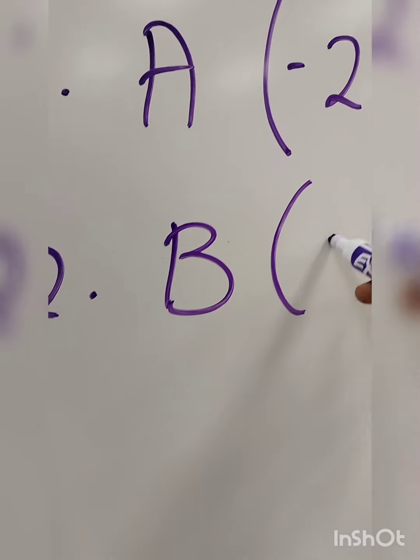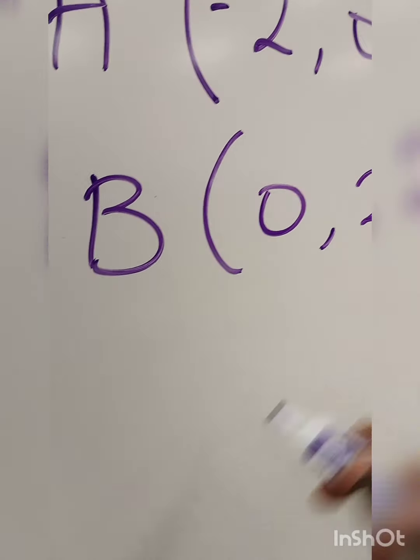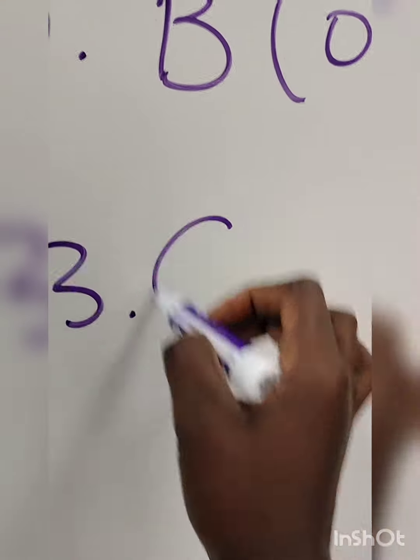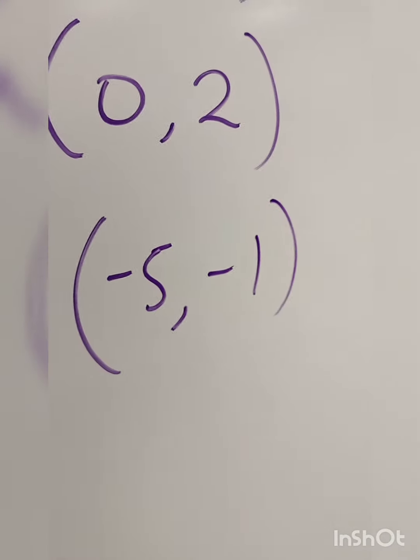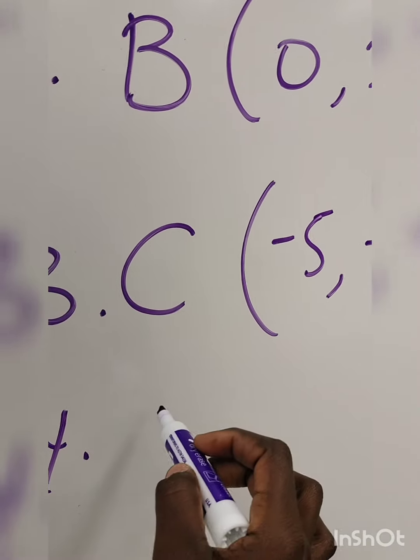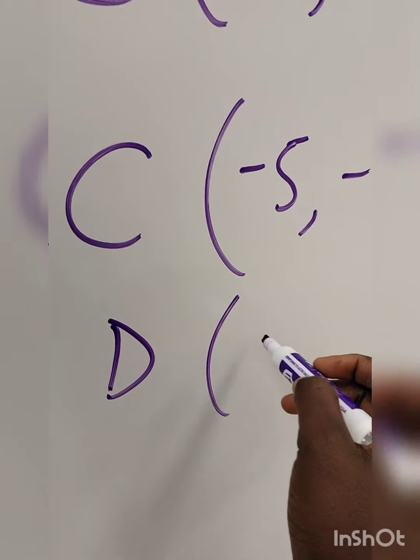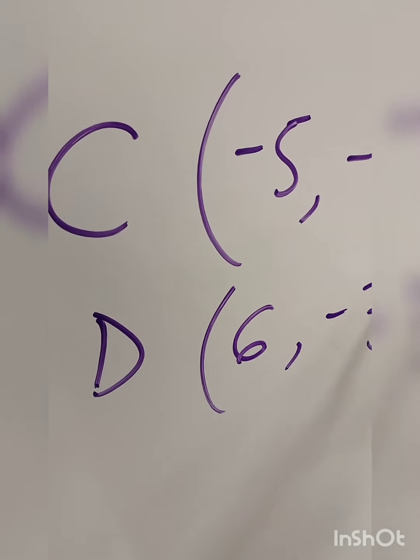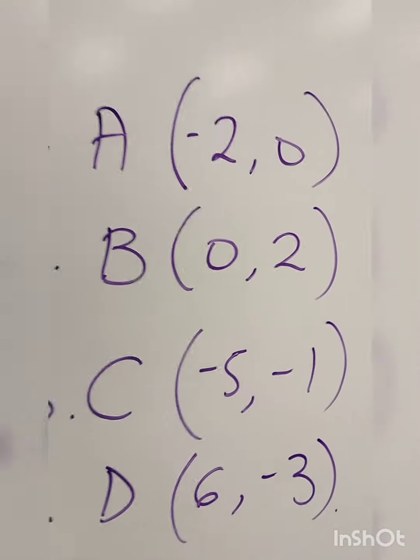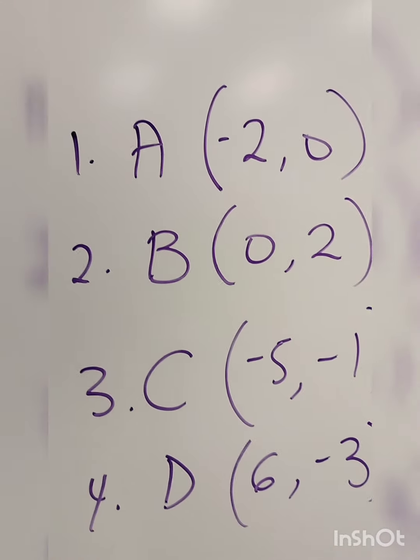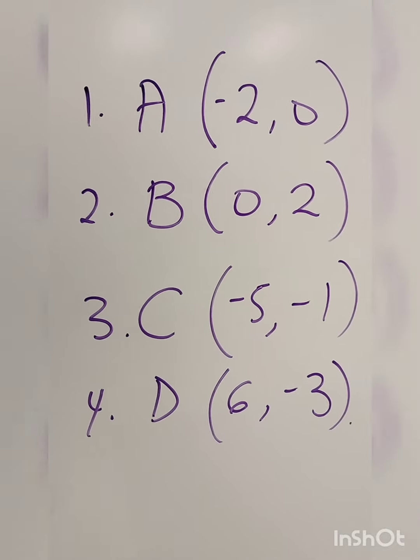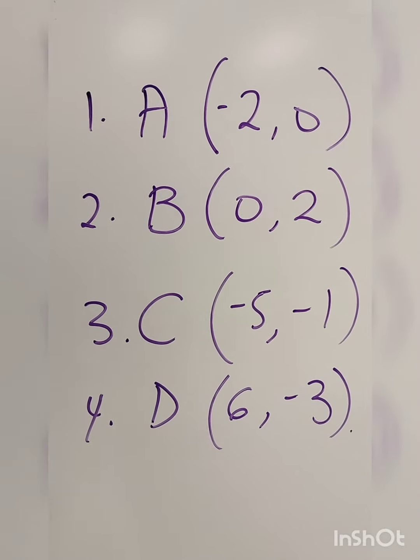B, 0, 2. C is -5, -1. Then the last one, point D, is 6 and -3. Good. So these are the points. Plot them, then you connect the points to form your polygons.